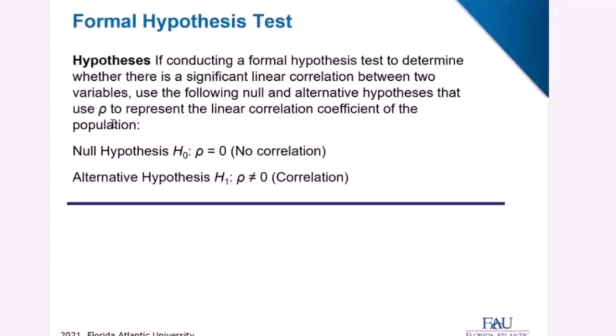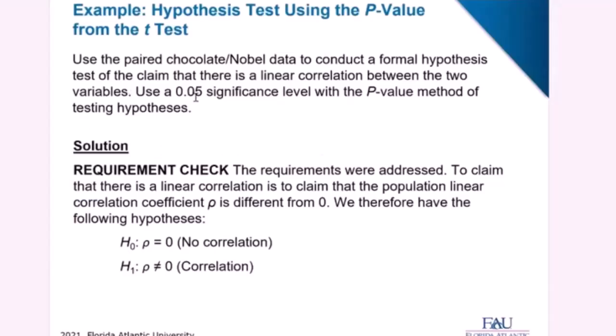The alternative hypothesis is H1, rho does not equal 0. If it's not equal to 0, we have a possibility of it being correlated. Use the paired Nobel data to conduct a formal hypothesis test of the claim that there is a linear correlation between the two variables. Use a 0.05 significance level with the p-value method of testing hypotheses.